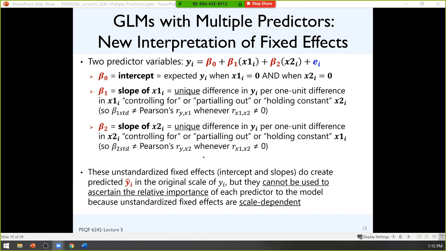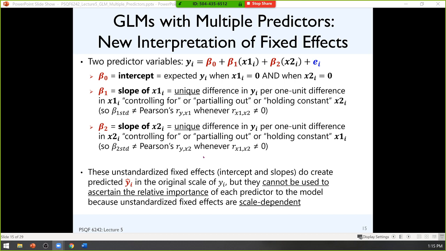So these slopes convey the unstandardized effect of how a predictor creates an expected outcome. So I can't look at the number that goes on beta 1 and say, oh, beta 1 is 4 and beta 2 is 5. That must mean that x2 is more important because its slope is bigger.